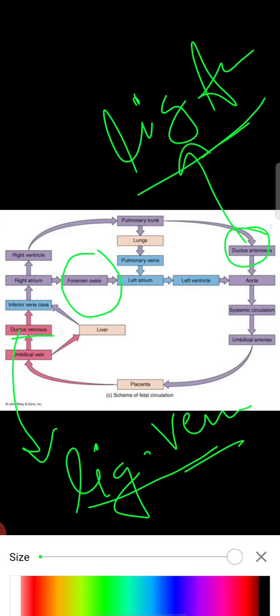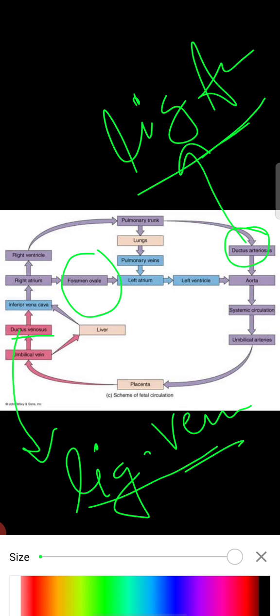It closes when the lungs start functioning and the pulmonary veins bring more blood to the left atrium, which raises the pressure in the left atrium and closes the foramen ovale. That shunt is completely closed at the time of birth.